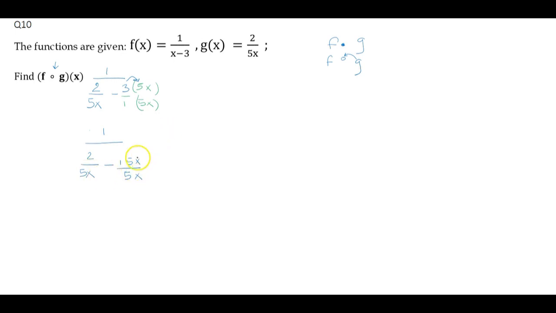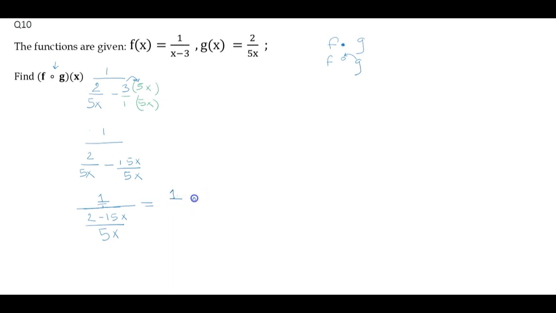Now that I have the same denominator, I can go ahead and rewrite it in one fraction bar. I cannot really combine them because they are not like terms, but at least I can use only one fraction bar. So I have 5x on the bottom, and on the top I still have my 1. And remember, this is 1 over 1. I cannot divide a fraction by a fraction, so what I need to do is skip, flip, multiply.